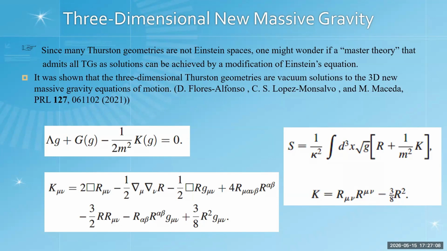That is enough to have this unitary theory. If we just consider a general quadratic theory, then unitarity is not guaranteed. It's a bad property, so why consider a non-unitary theory? We have this unitary theory, and it is enough to accommodate the eight Thurston geometries.